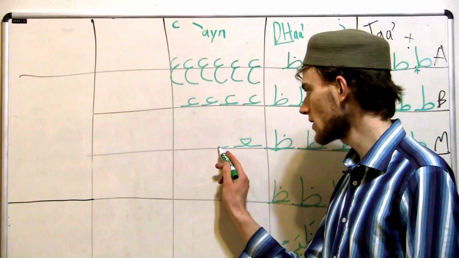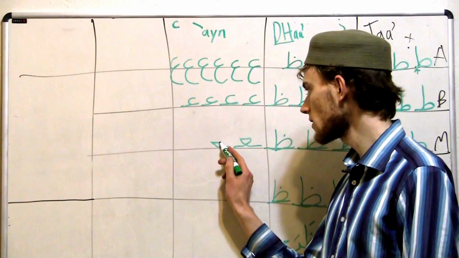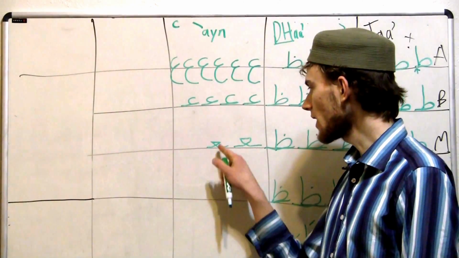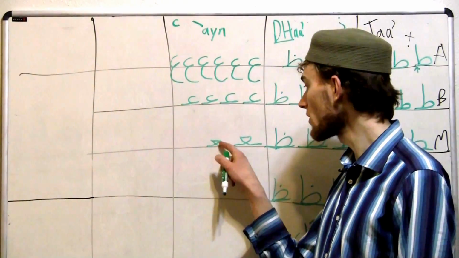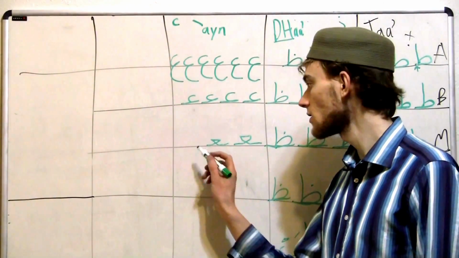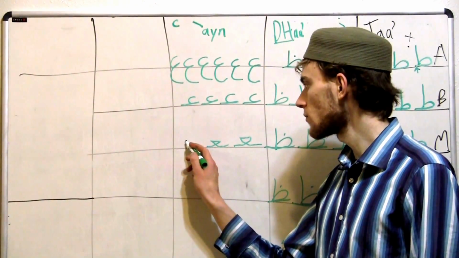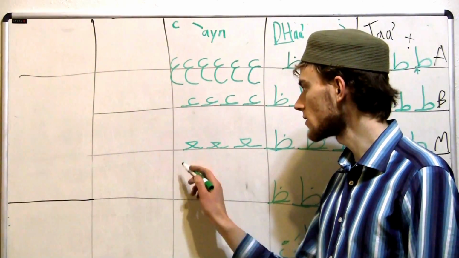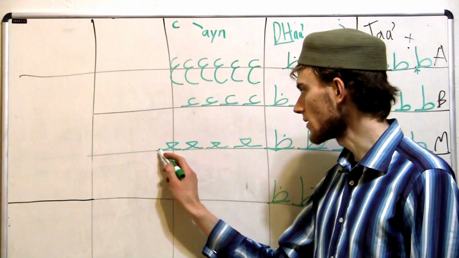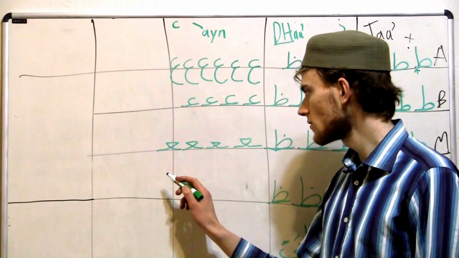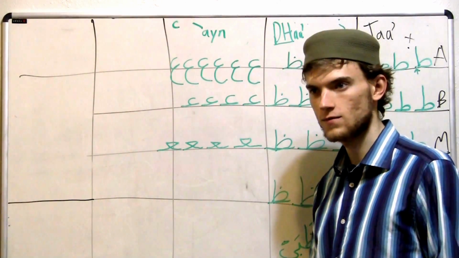One more time, we're coming in, go up, make a point there, and then go down. Now we can make a point on the right side too, or we can make it kind of curved. The important thing is that we have a point on the left side. Point there, and then go on like that, forming almost an upside down triangle when it's in the middle of a word.